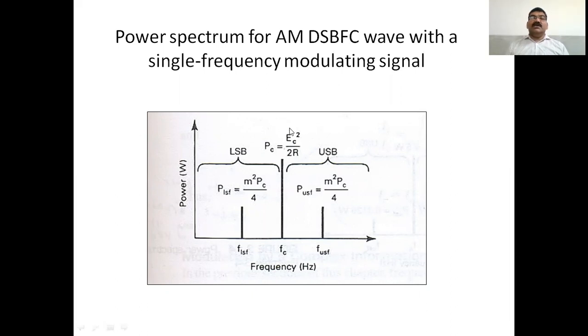So this is Pc. The upper sideband is m squared Pc by 4 and the lower sideband is m squared Pc by 4. The diagram and representation are the same, because power is proportional to the voltage squared. Only the formula: if they ask for the power spectrum, then it is necessary to use this formula we have just calculated. So this is about the power spectrum.